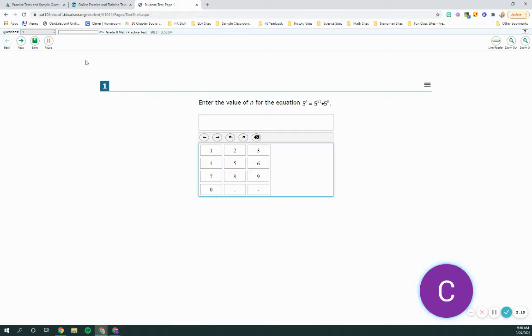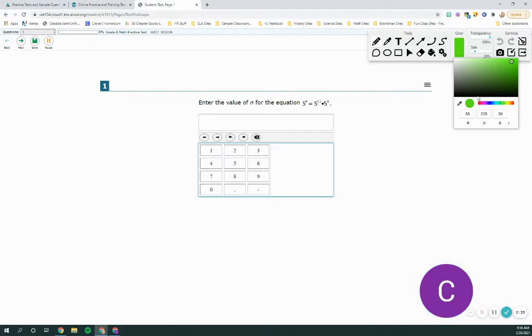So this first question right here says enter the value of n for the equation 5 to the n power equals 5 to the 11th power times 5 to the 3rd power. So we're talking about exponents, which are one of my favorite things to talk about. Let's draw this out.